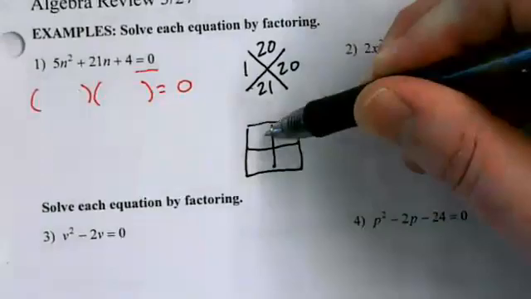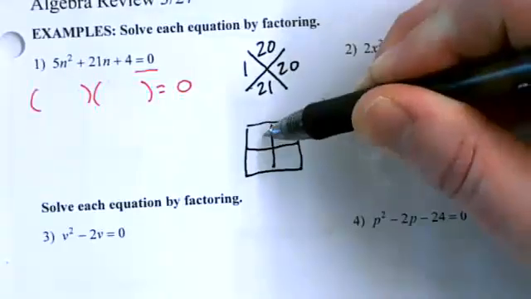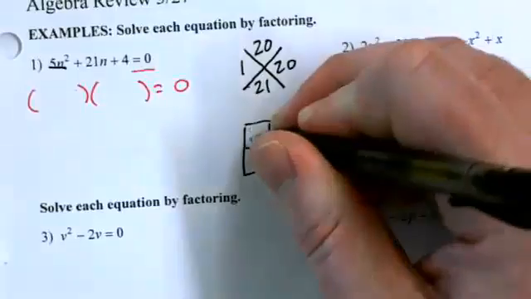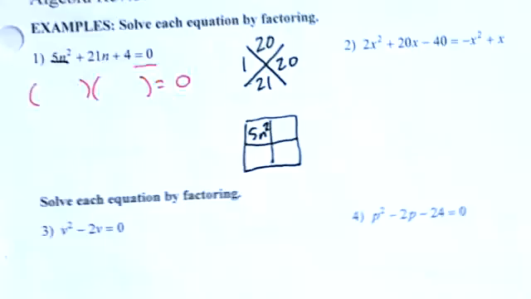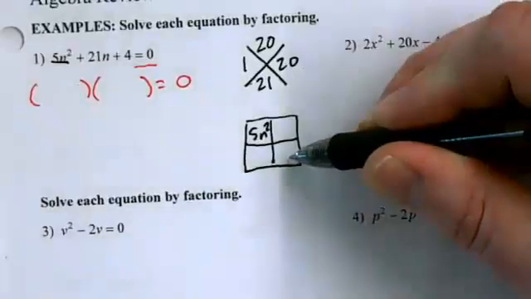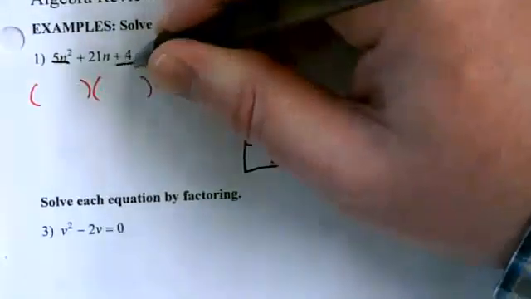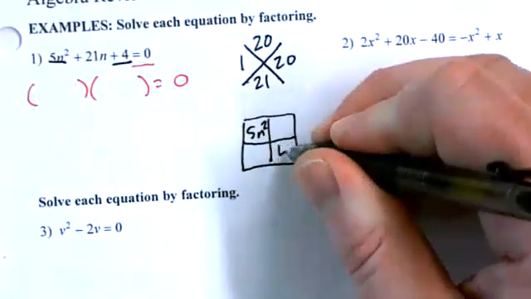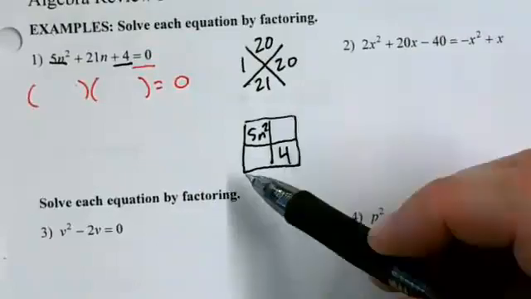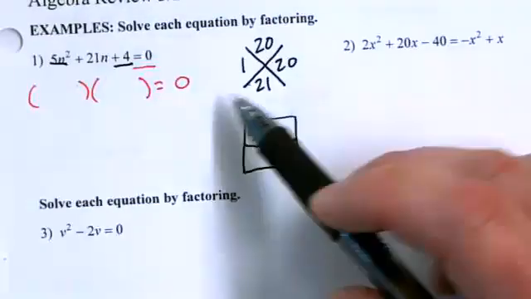So this spot here, we're going to fill in the inside of the box here. This comes from the first term, which is 5n squared. And then the other corner diagonal from it comes from the last term, which is 4. The other 2 pieces inside come from the x, right?